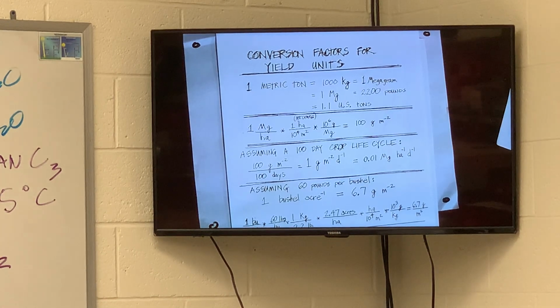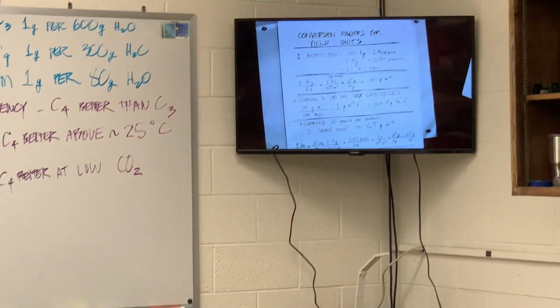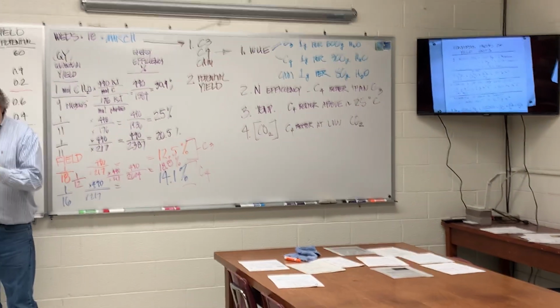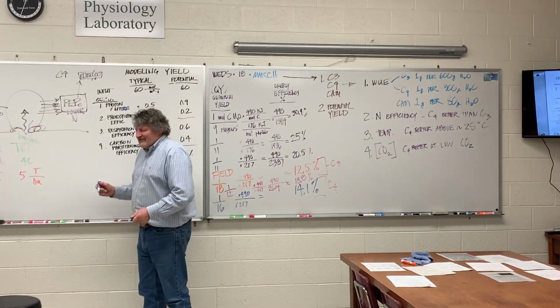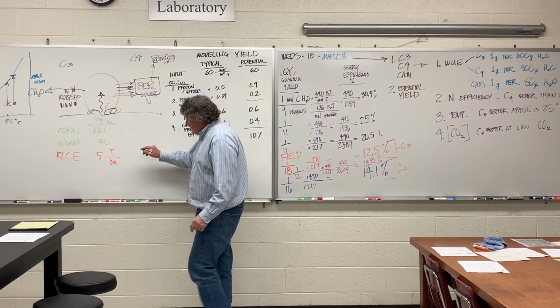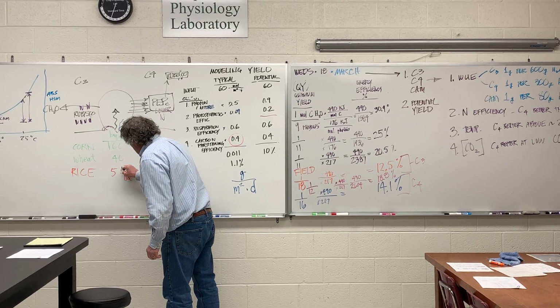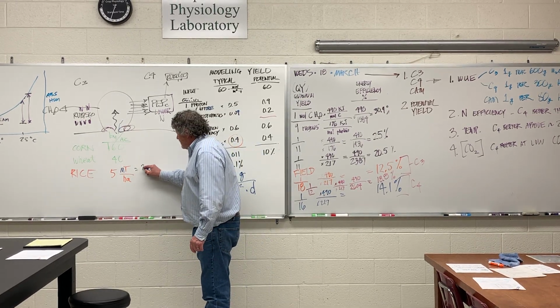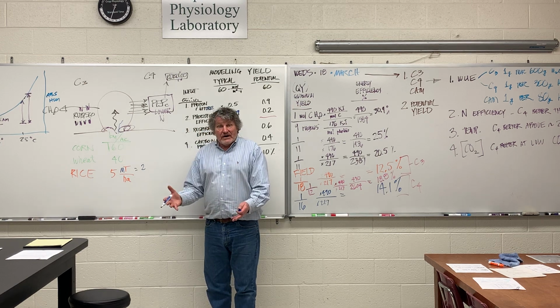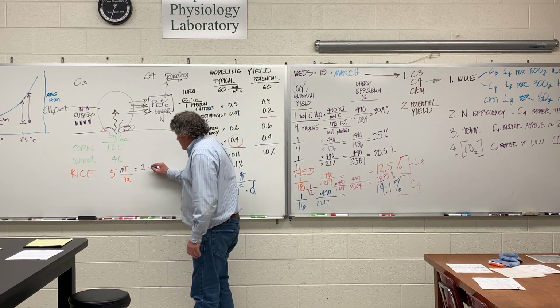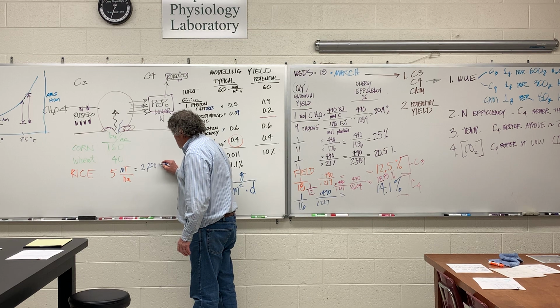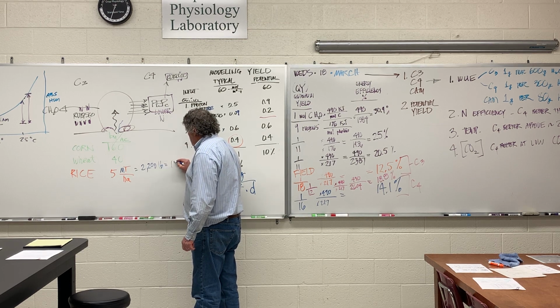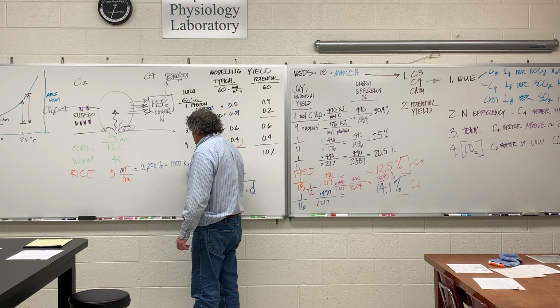First of all, this T for tons is a metric ton. There's a lot of weird units in the world. So this is an MT, and a metric ton. A ton is 2,000 pounds, but a metric ton is 2,200 pounds, or 1,000 kilograms.